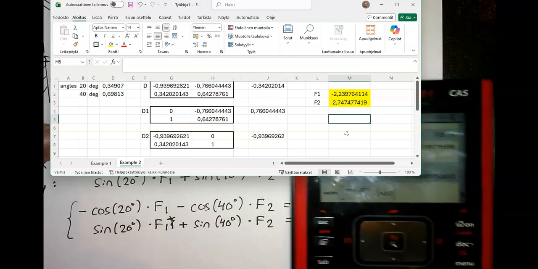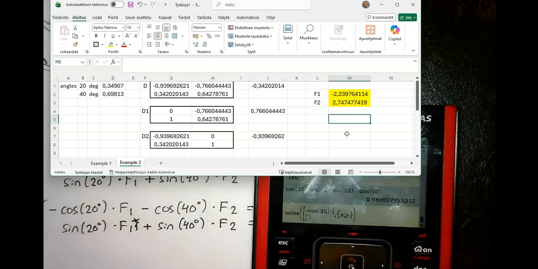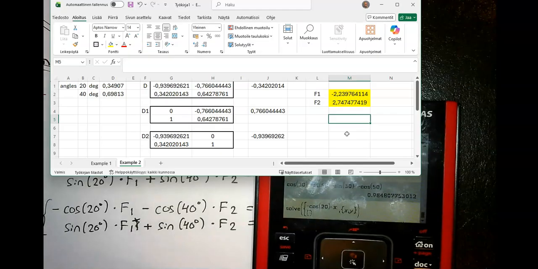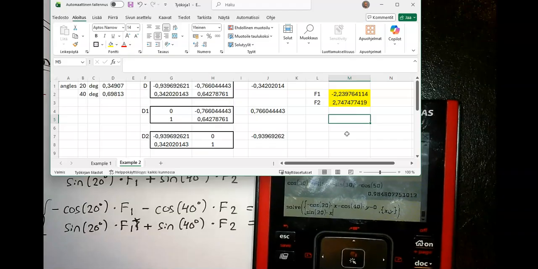So minus cosine 20 times x minus cosine 40 times y equals 0. Then the other one, sine 20 times x plus sine 40 times y.